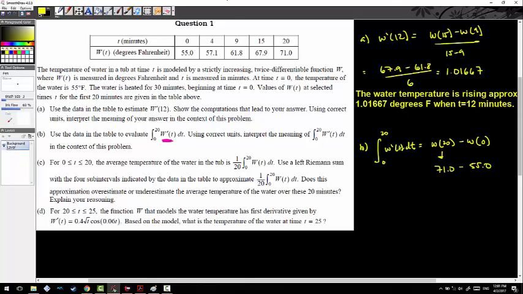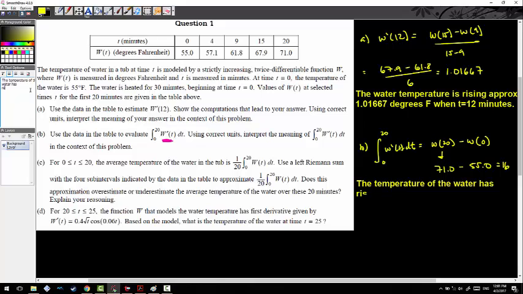Okay, well, what does that mean? Well, it means, and we have to use correct units yet again. So go back to my typing tool here. What it means is that the temperature of the water has done what?